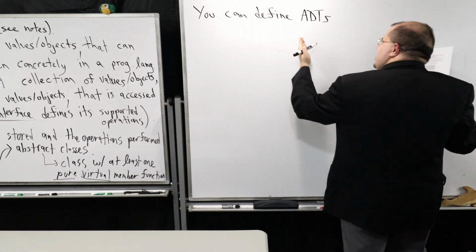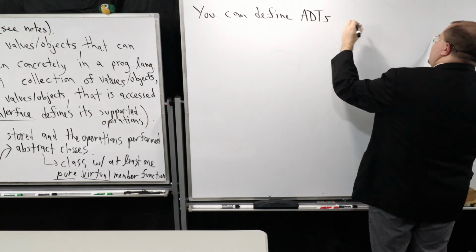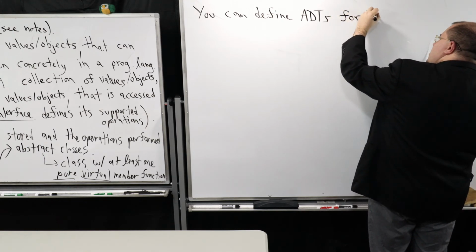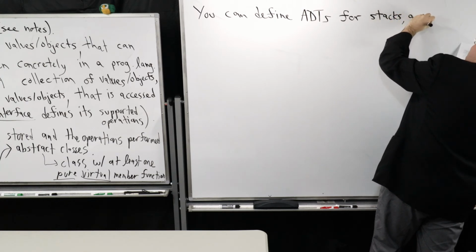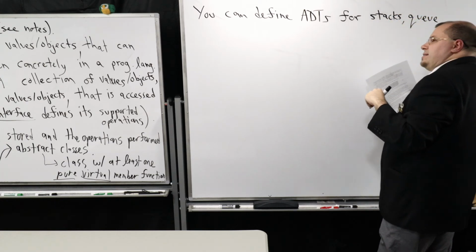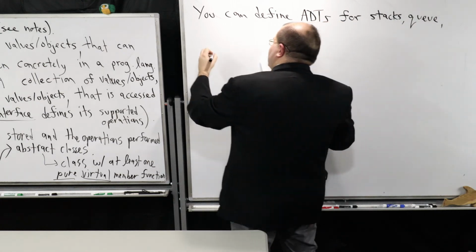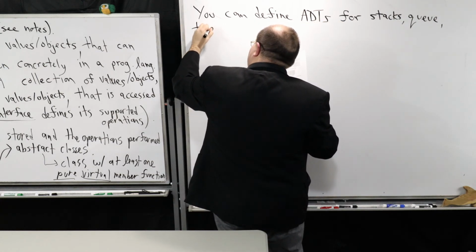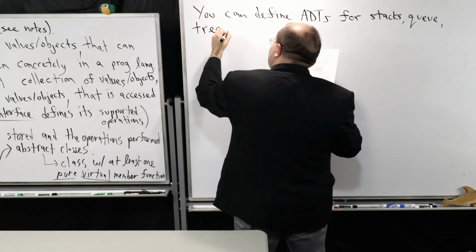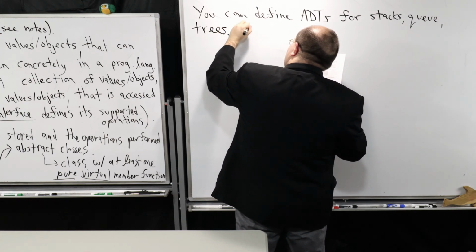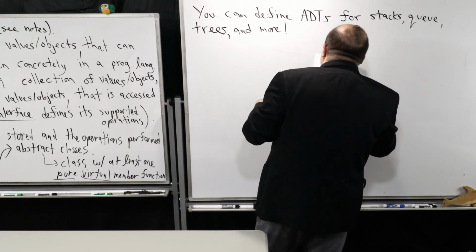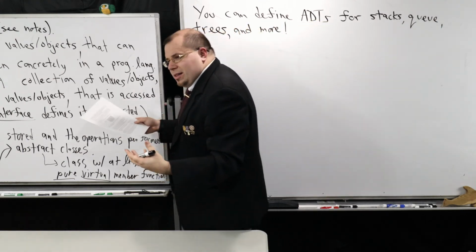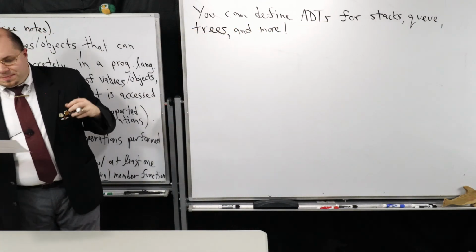You can define ADTs for stacks, queues. These are some of the abstract data types we're going to see in this class. Stacks, queues, or data structures, depending on what lingo you would like to use. Trees, and more. We're going to see a lot of different data structures in this class, and we're going to define a lot of these as we go through the course.